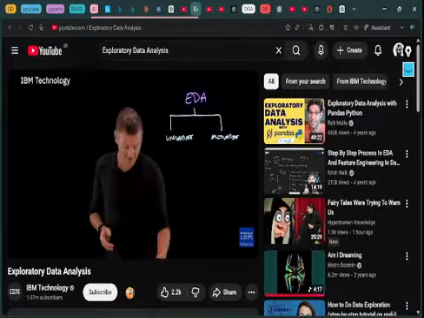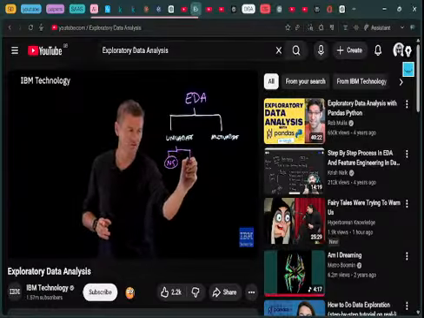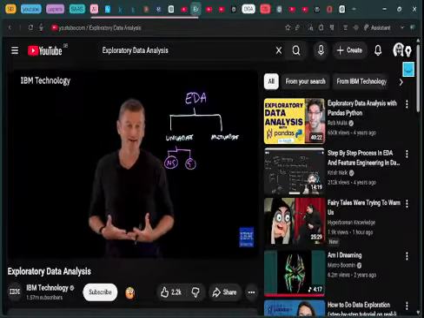Now, within univariate, there are actually 2 other classifications. There's non-graphical and graphical. The main purpose of univariate analysis is to describe the data and find patterns that exist within it.